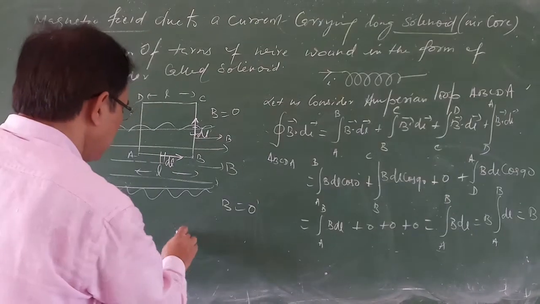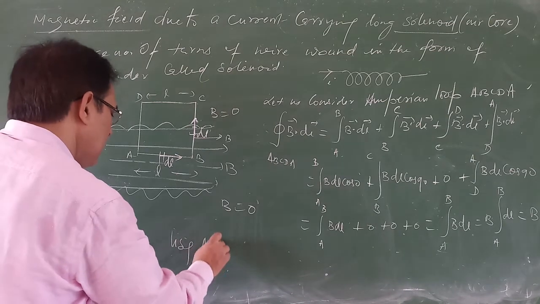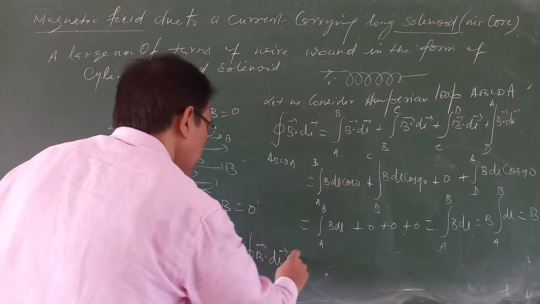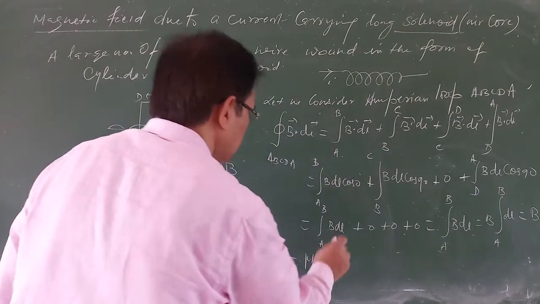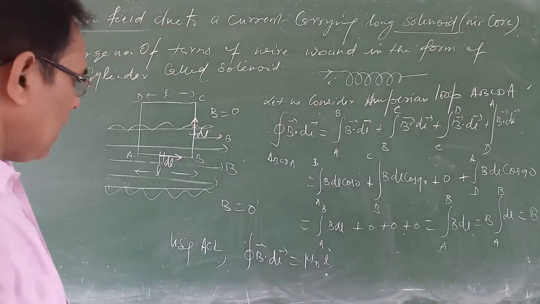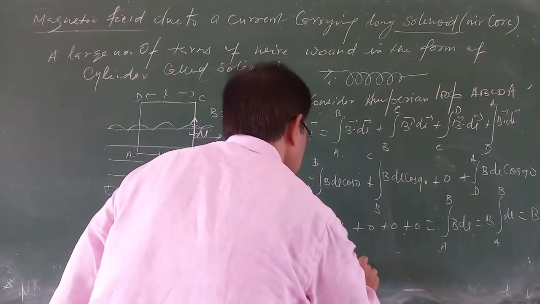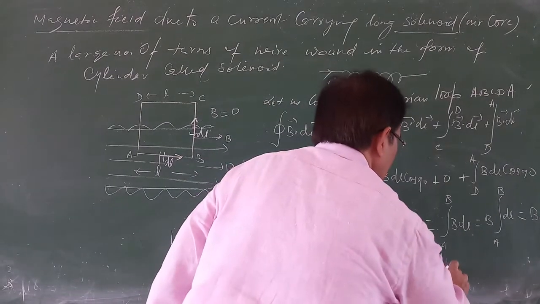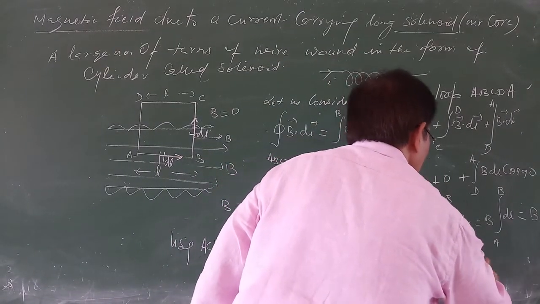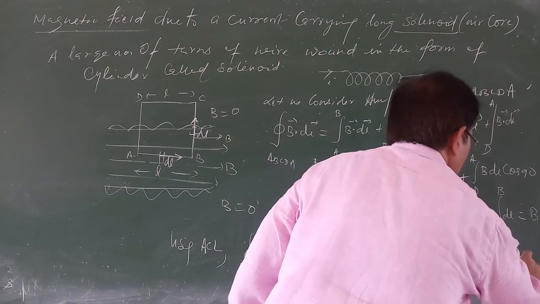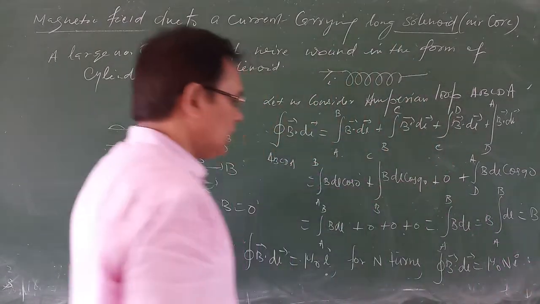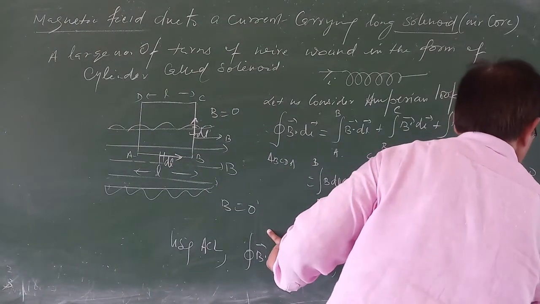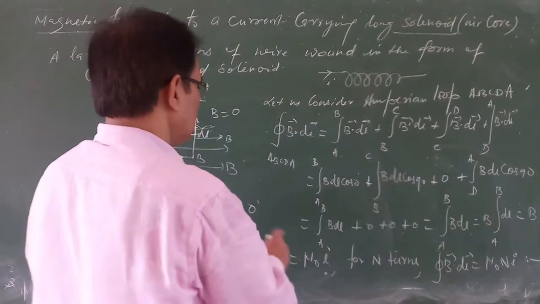Now use Ampere's circuital law. Using Ampere's circuital law, the line integral of B dot dl equals mu naught I. So for n terms, the line integral of B dot dl equals mu naught n I. This is equation number 1 and this is equation number 2.